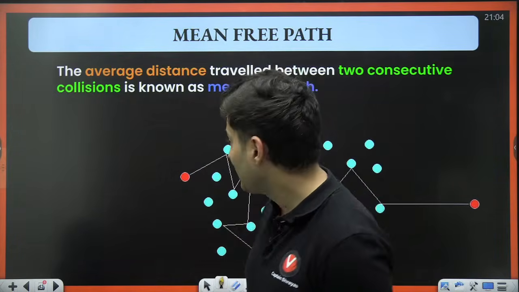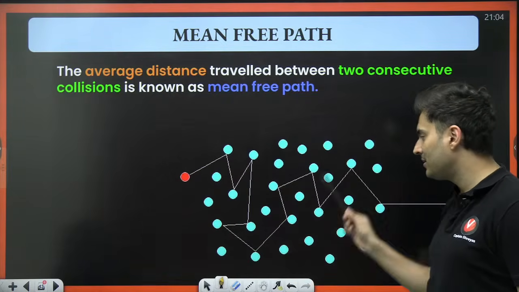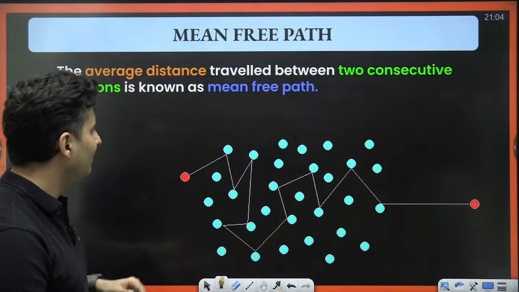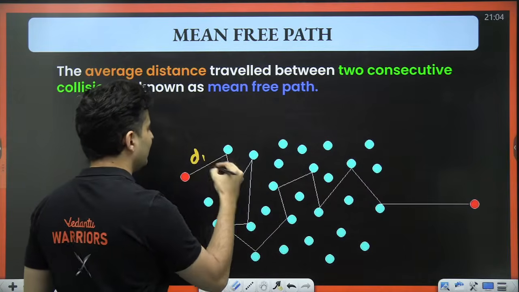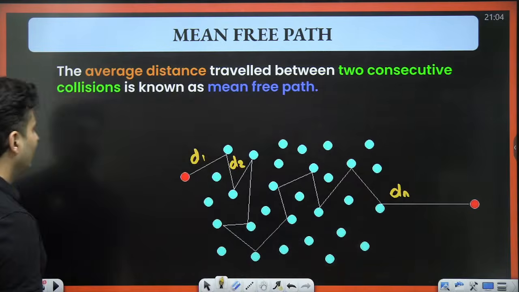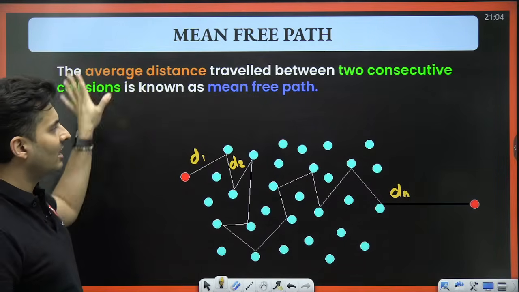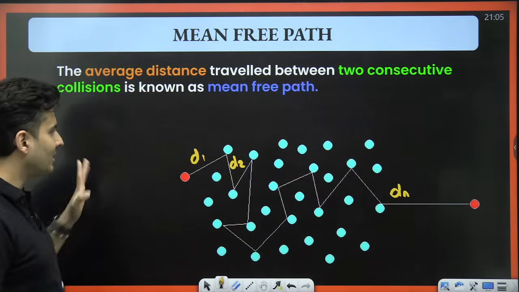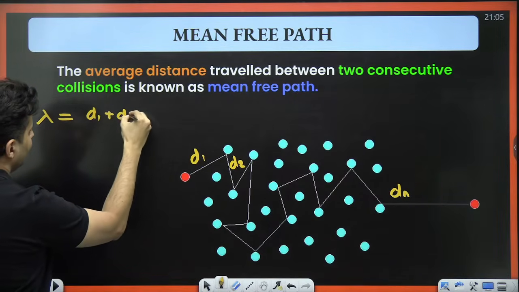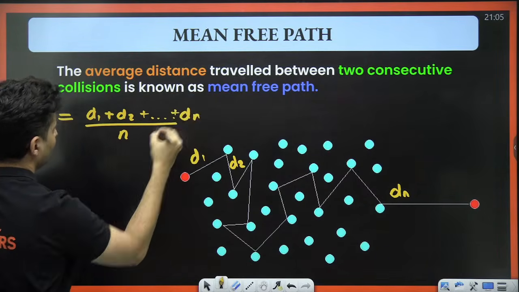So the molecules of the gas also do the same thing. Look at that. This molecule collided with this, then this, then this, and it is colliding, and every time it is traveling some different distance. If I mark these distances as d1, d2, etc., and then dn, then the mean free path is nothing but the average distance traveled between two successive collisions. That's all. So that formula is lambda, which is nothing but d1 plus d2, like that, the whole thing divided by the number of collisions.